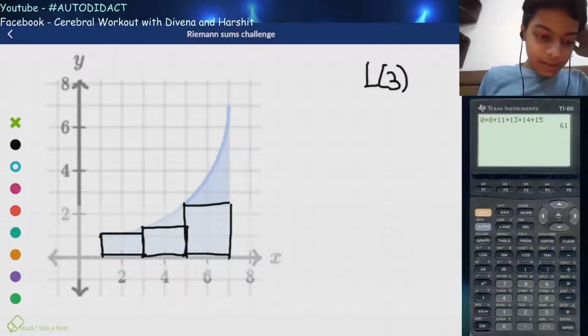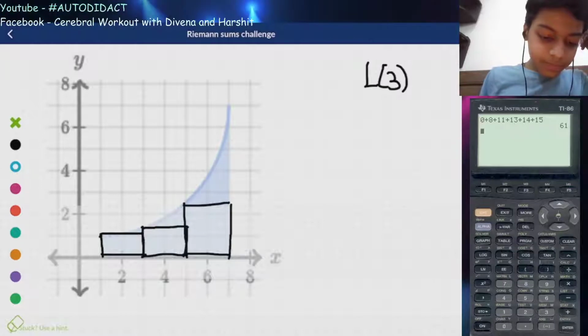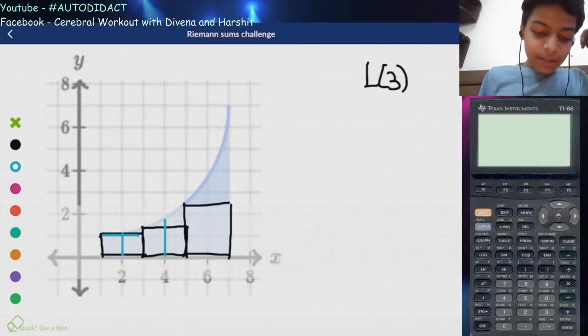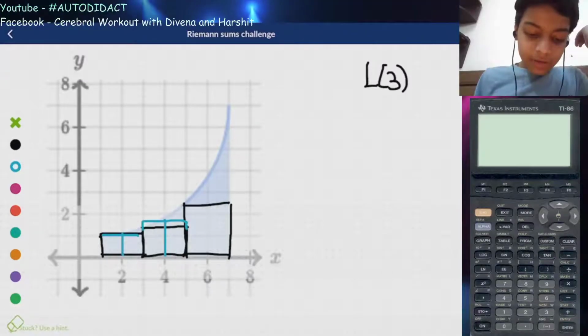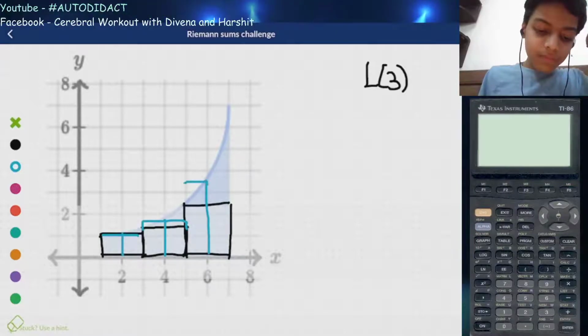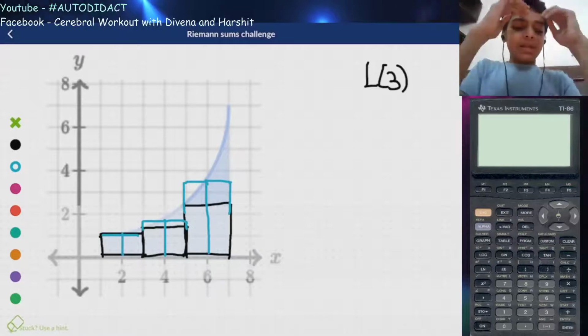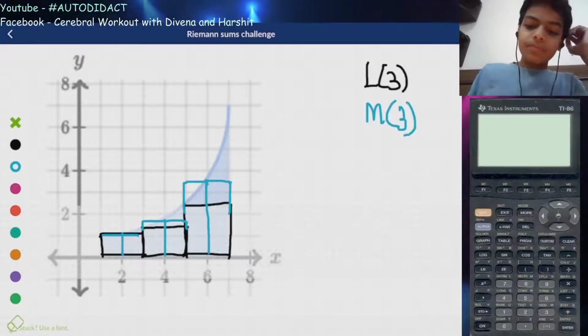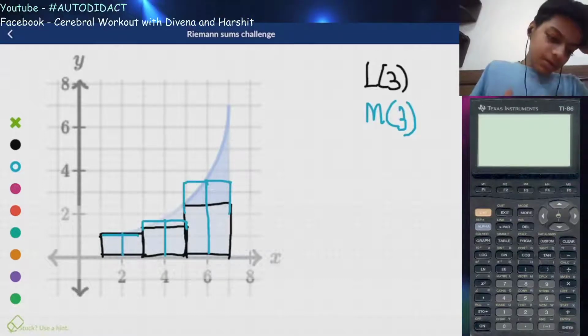Let's do M of 3 in blue. This will just be the same, and the midpoint of this will be just like this. And if we do the third one, it will just be like this one. So this one is M of 3.